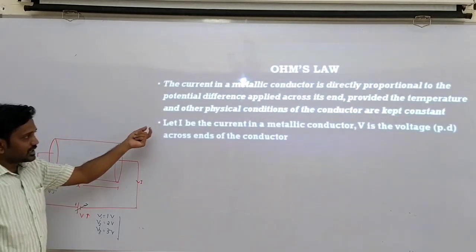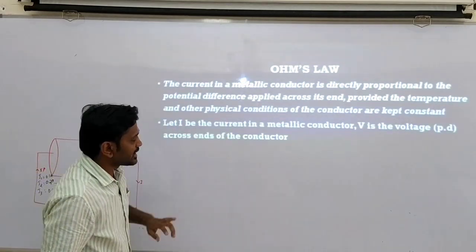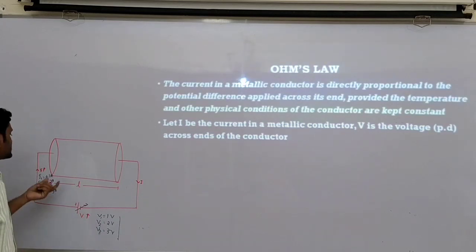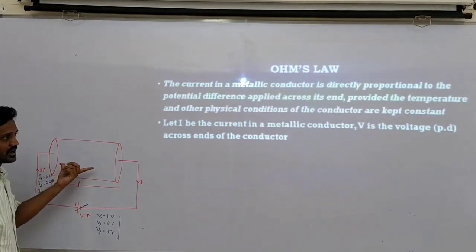Let I be the current in a metallic conductor and V be the voltage or potential difference across the ends of the conductor.